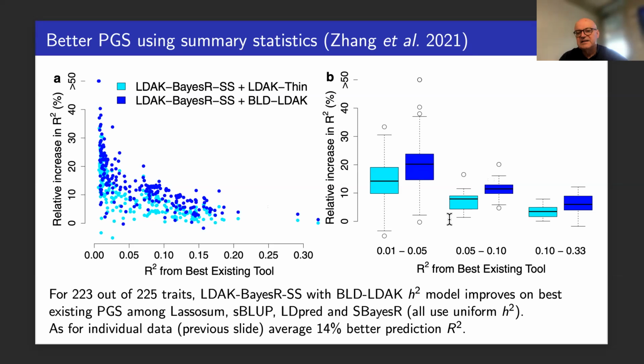So on the right is just binning all the dots on the left to see them more clearly. So anything above 0 means we got an improvement. So it's actually not strictly true that we improved in every case, but we improved in 223 out of 225 traits.